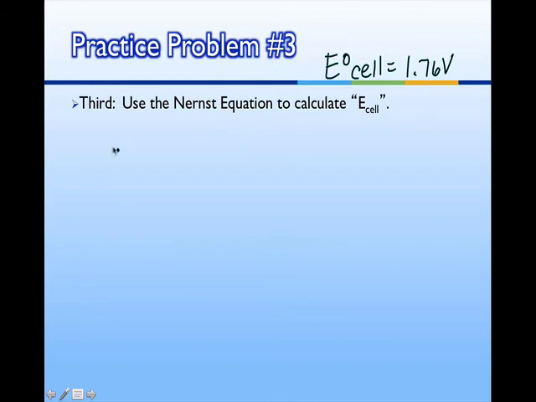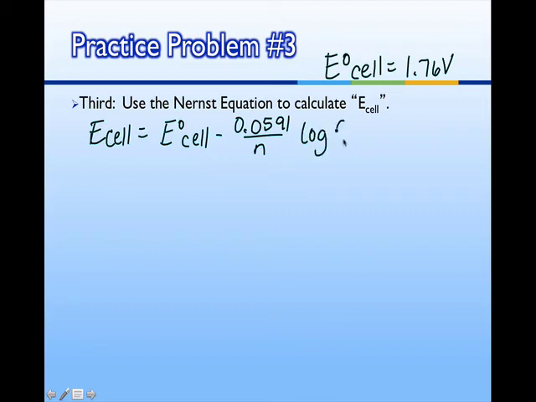All right, now I'm going to use the Nernst equation, and we said the Nernst equation was this one. I'm assuming that this is at 25 degrees Celsius. They didn't tell me otherwise, and that's the default temperature if they don't tell you. So I'm going to use the shorter one that has fewer things to plug in. So there's my equation right there.